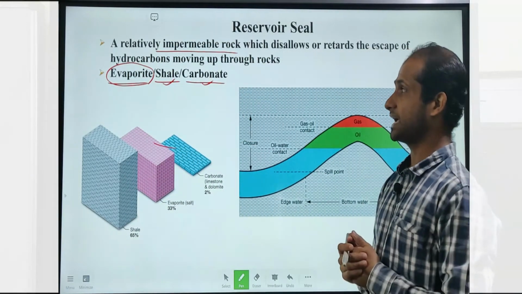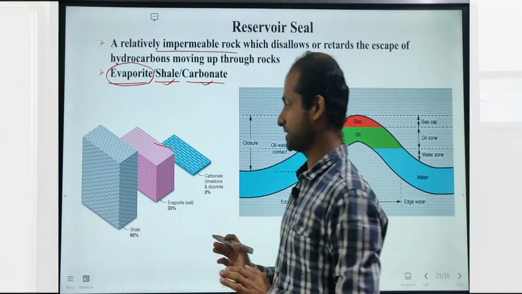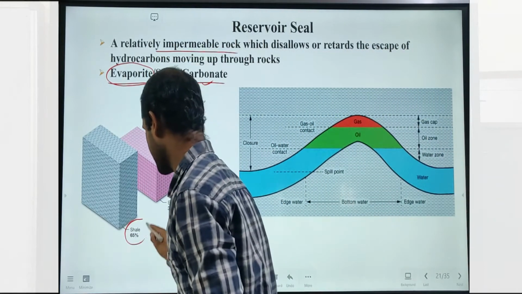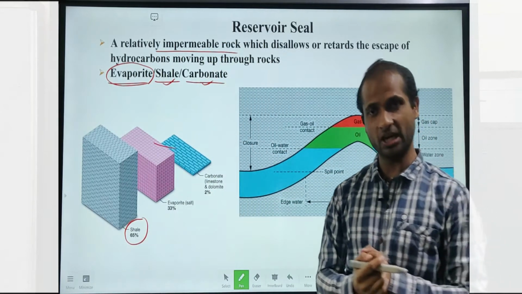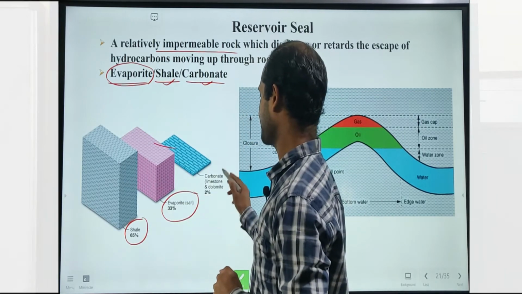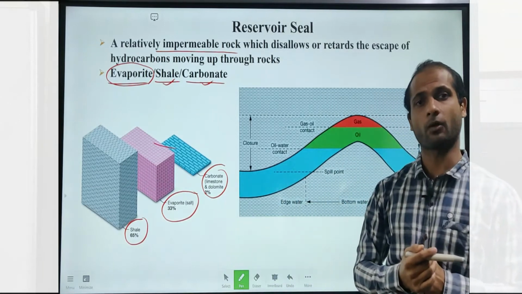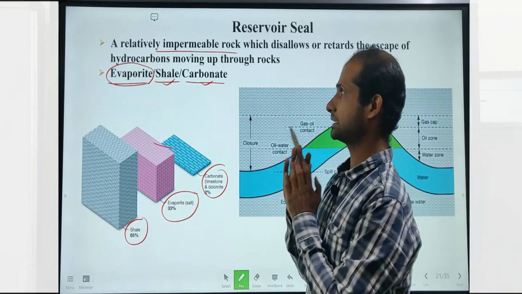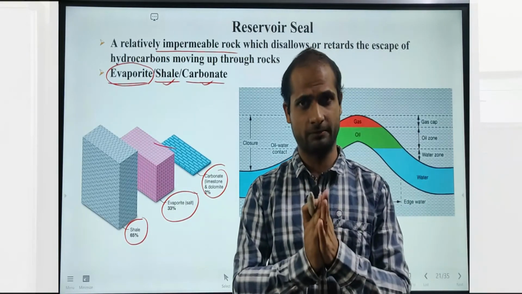But if we talk about abundance, 65% of the seals are made up of shale, whereas 33% are evaporite, and carbonates are very few as compared to shale. So there can be two kinds of questions.